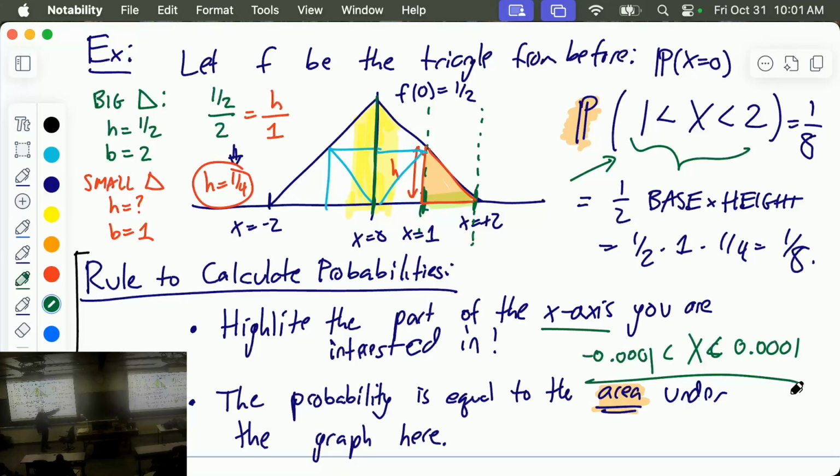So this one here, you could calculate a probability. It'd be very, very small, but let's add some extra zeros in here. And instead of 0.0001, we make it 0.000001 on both sides. And that probability gets smaller and smaller, and you can just think of adding more and more zeros there, what that's doing to the probability.